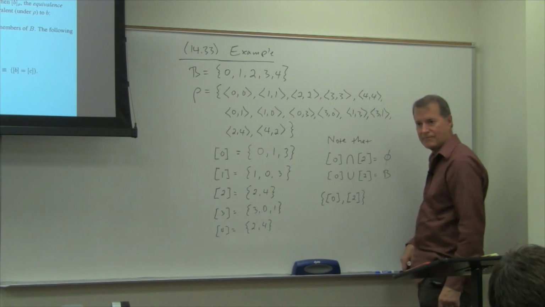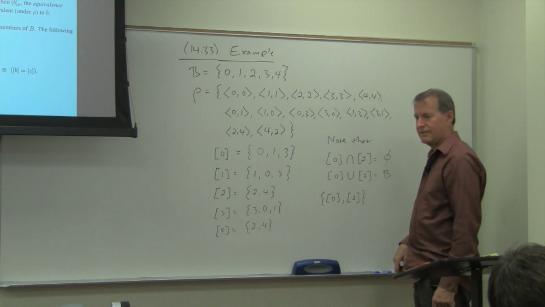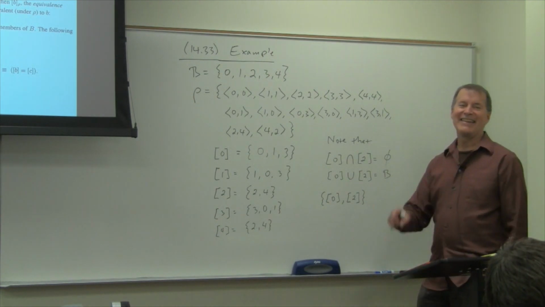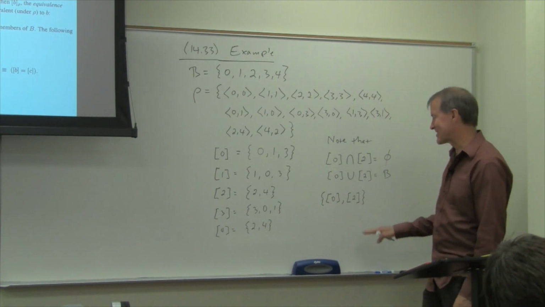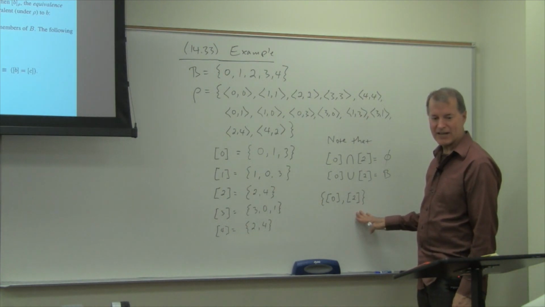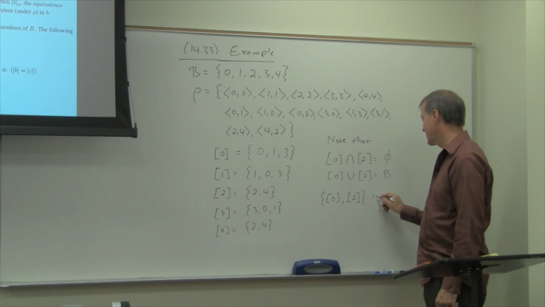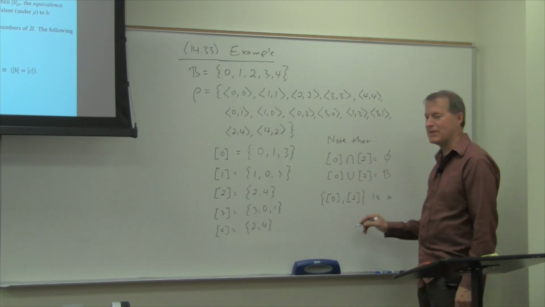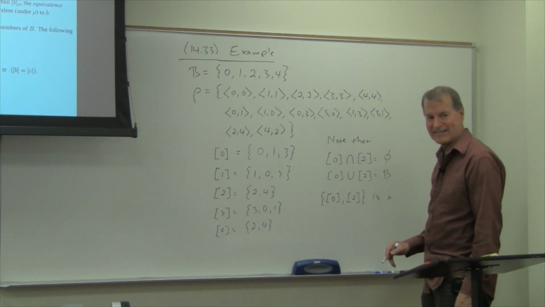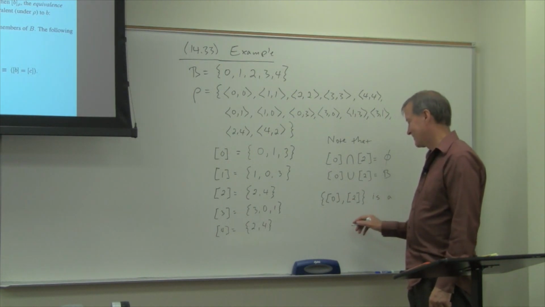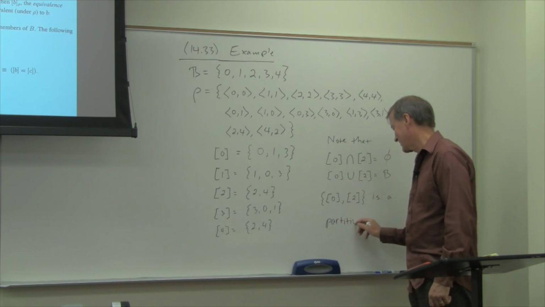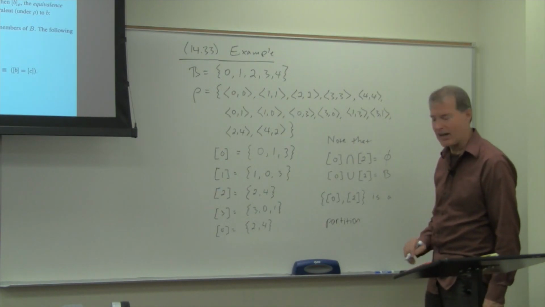It's a subset of elements of B. It's a set of sets, right? In fact, it is a what? Starts with a P. I feel like Ferris Bueller's Day Off. Partition. It is a partition of B.